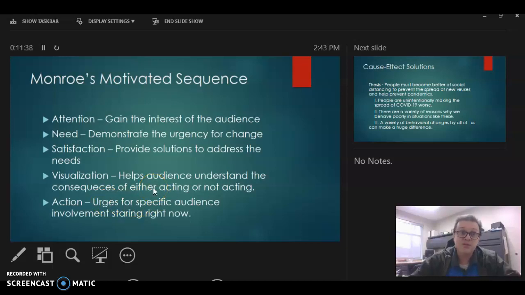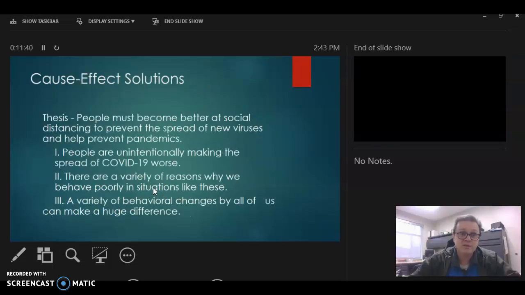All right, so the third variation that I want to talk about is the cause-effect-solution structure. Again, just a minor variation. This example, I apologize, is a little on the nose at the moment, but it was easy to come up with, right?